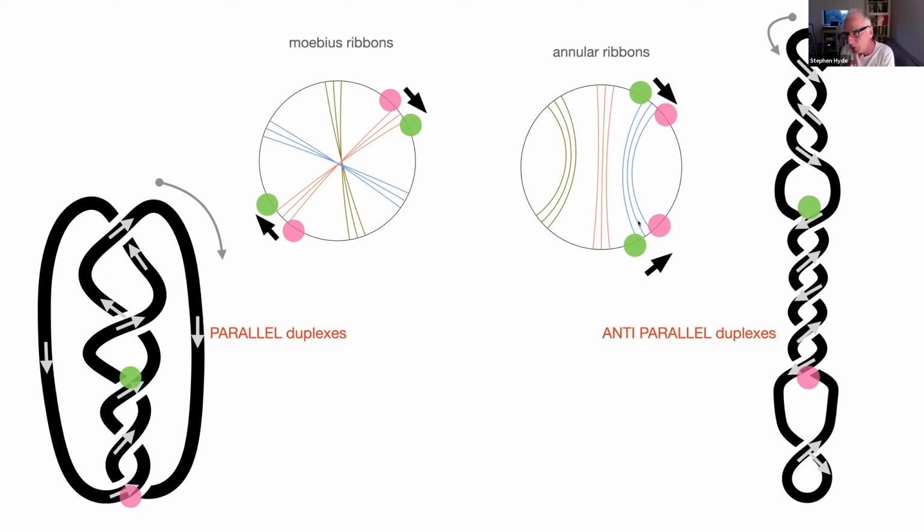This is a really important point now. The axis of the duplex is very well defined in RNA and DNA, because you have base pair rungs. It's not defined in a knot, because I can have a +1 or a -1 when it's a single crossing. But in this case, it's rigorously defined in RNA and DNA. So every time you see an annular ribbon, that's encoding an anti-parallel duplex. Every time you see a twisted Mobius ribbon, that's encoding a parallel duplex.